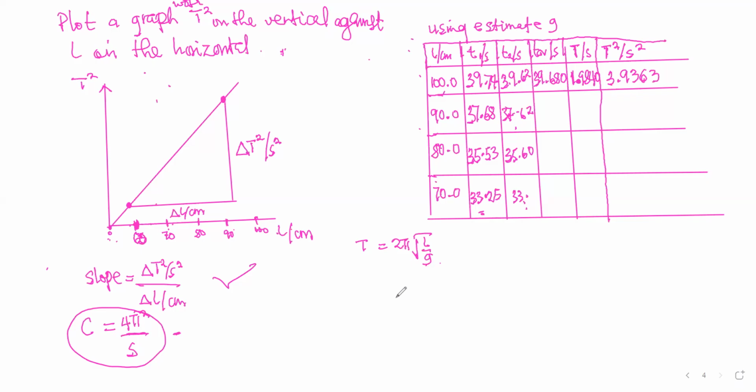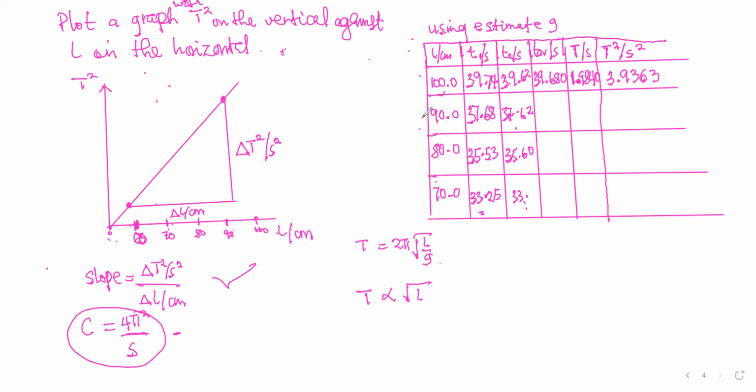We can decide to plot a graph of T on the vertical against root of L on the horizontal. This is another possible graph that can be asked in a typical practical.